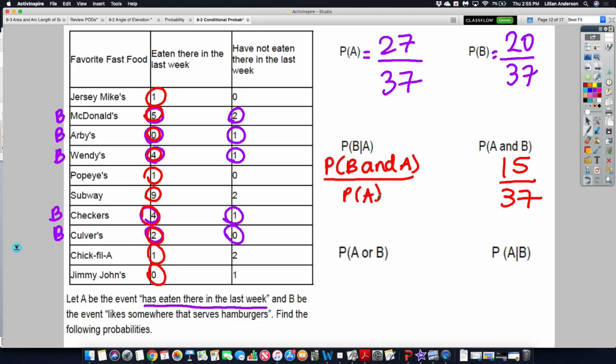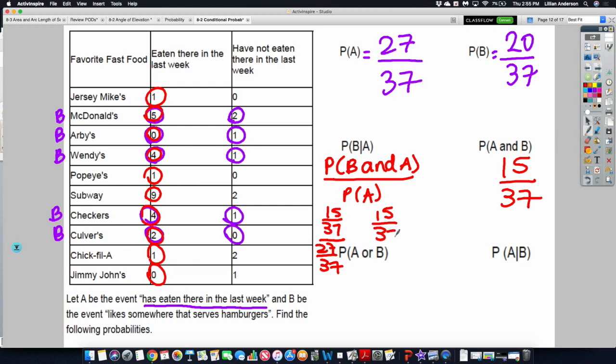Don't we have both pieces of information? What's the probability of B and A? 15 over 37. What's the probability of A? 27 over 37. You have a fraction within a fraction. What do you do?